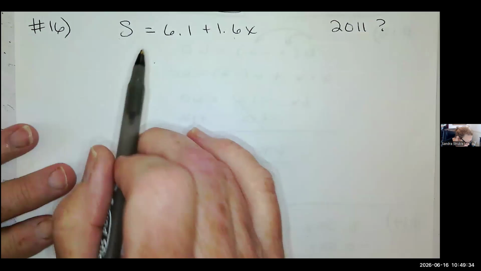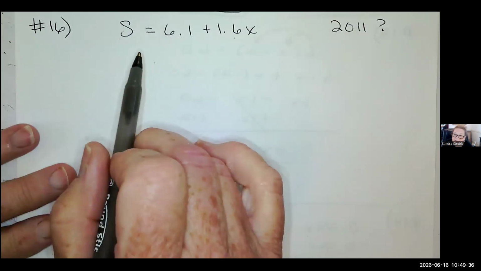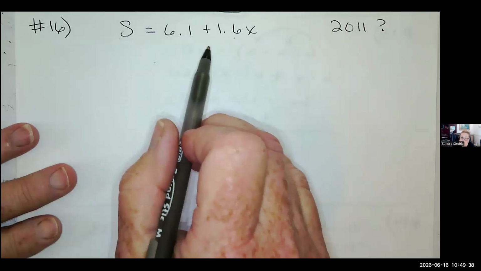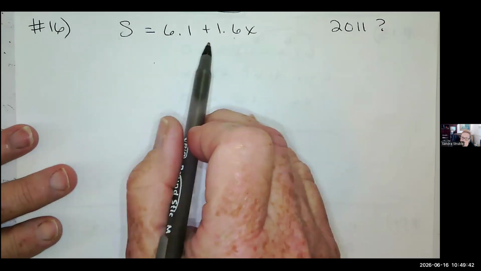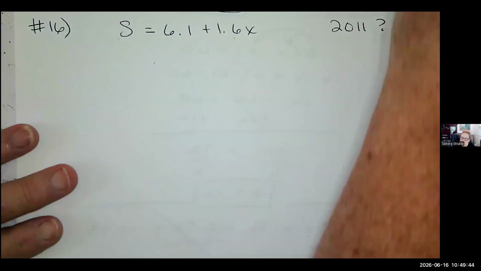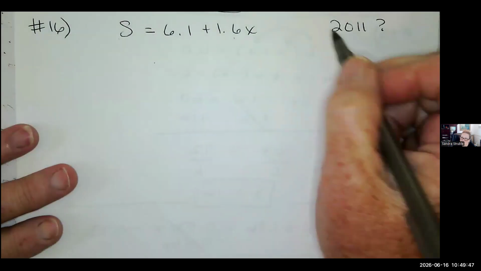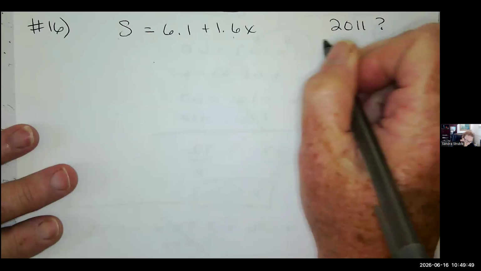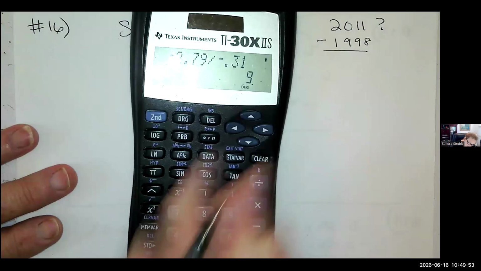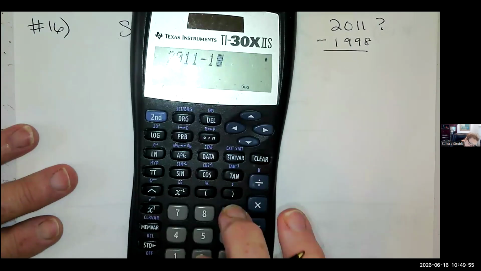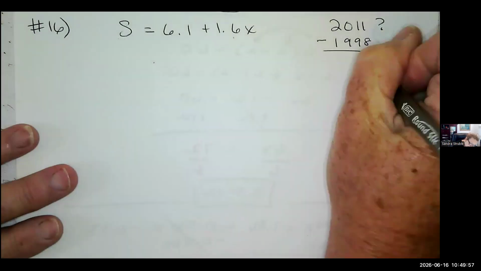This linear equation is based on the year 1998. So because of that, we need to know how many years it's been from 1998 to 2011. I need to subtract them. And it's 13 years. So 13 is my input for my x.